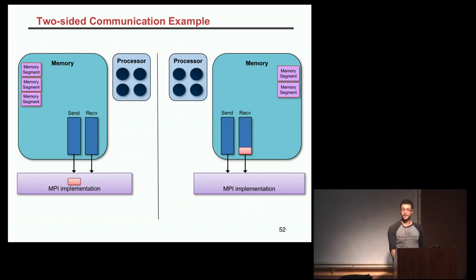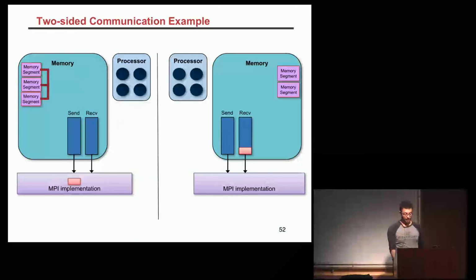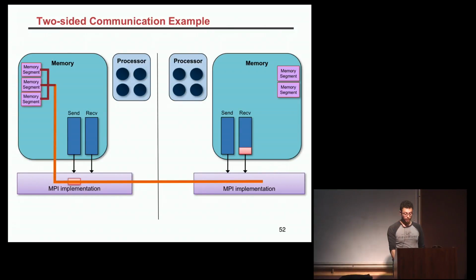The MPI implementation takes that data and then ships it over the network. And then the recipient puts the data it is going to receive into that area, and it gets filled. And it again gets copied back. Simply, that's basically what happens.